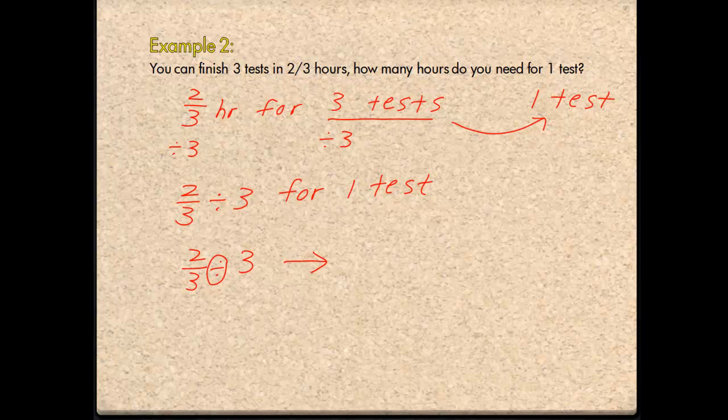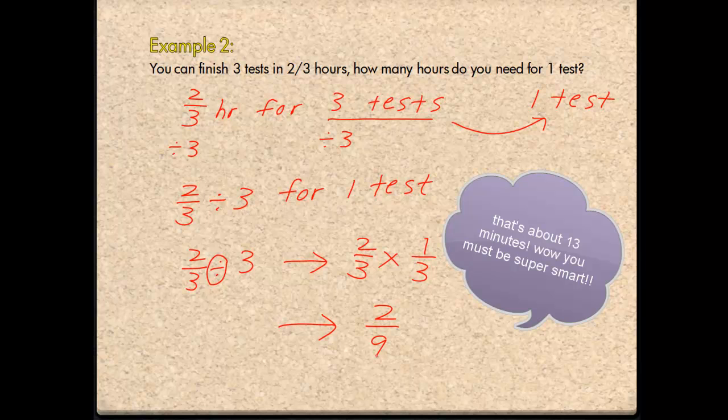Now my new equation is 2/3 times, flipping 3 upside down, 1/3. Now I'm going to see if anything can be reduced. I look at it: 1 and 3, and 2 and 3. Nothing can be reduced. So I'm going to multiply top with top and put it over bottom with bottom. That gives me 2/9. Meaning that for one test, we're going to need 2/9 of an hour.